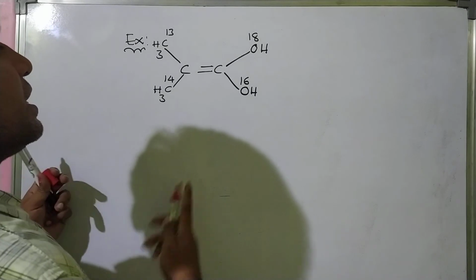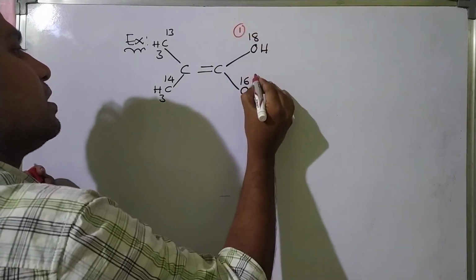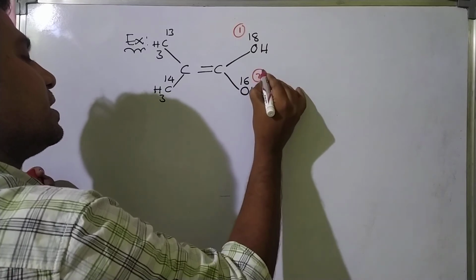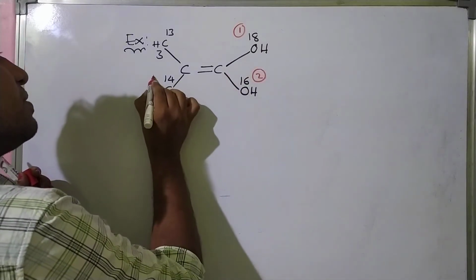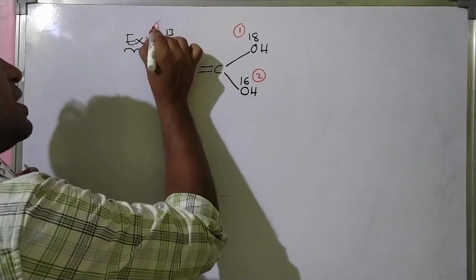Now assign priorities. Here this will get first priority, this will get second priority. In this case, this is the first priority, and this is the carbon 13 isotope, second priority.